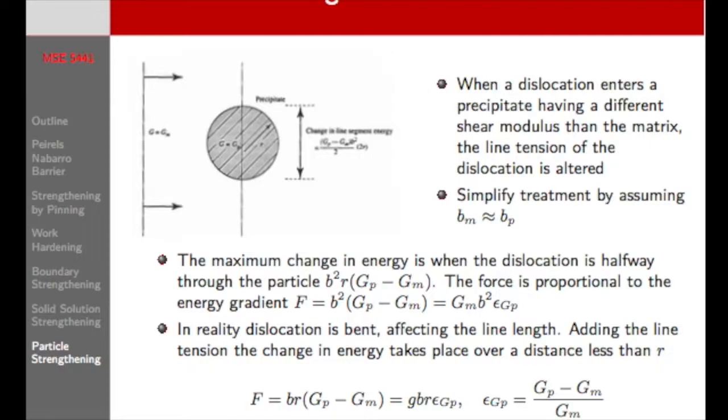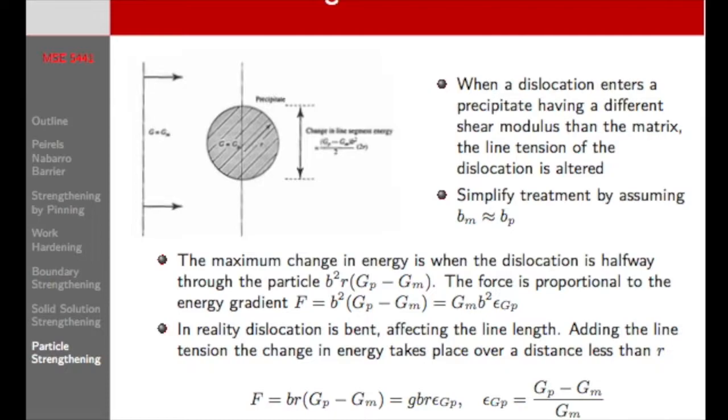if it is a stiffer particle, we have to apply a lot of force to get it through. And the amount of force we're going to need keeps increasing, proportional to the change in energy and the cross-sectional area of the particle as we cut through.